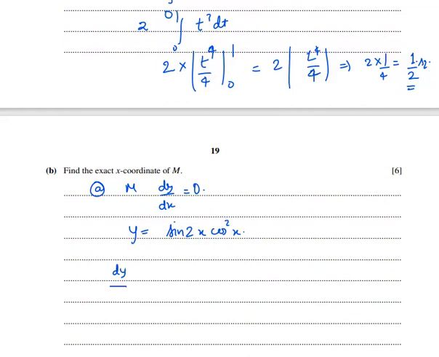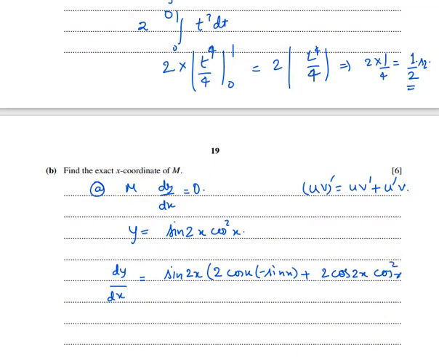Therefore dy by dx, here you have to apply the product rule. The product rule says u as it is, differentiate v, plus differentiate u, v as it is. So we have sine 2x into the derivative of cos square x, which is 2 into cos x into negative sine x, plus the derivative of sine 2x, which is 2 cos 2x, multiplied by cos square x.